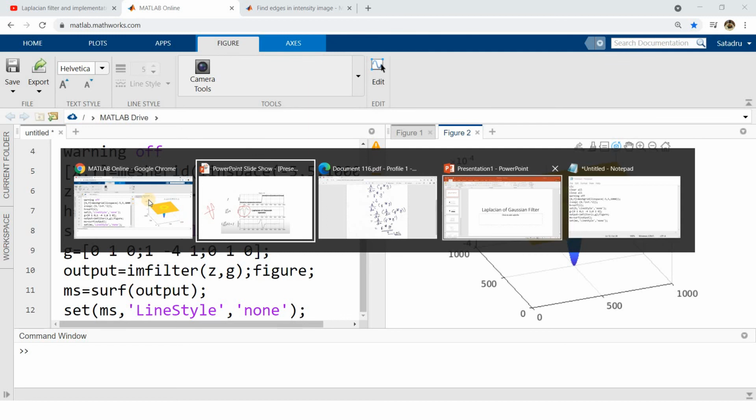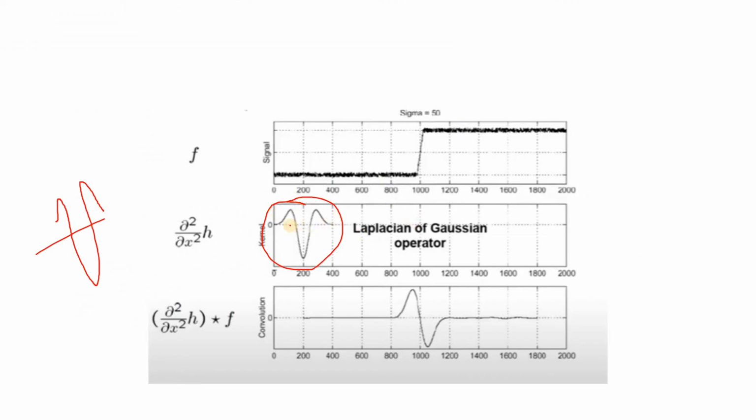So this is basically the double derivative version of our Gaussian, and this one we are directly going to convolve with our original noisy signal, and then we can get this one. This is expected, because the Laplacian filter also gives this kind of shape, and from the zero crossing we can understand that an edge is present here.